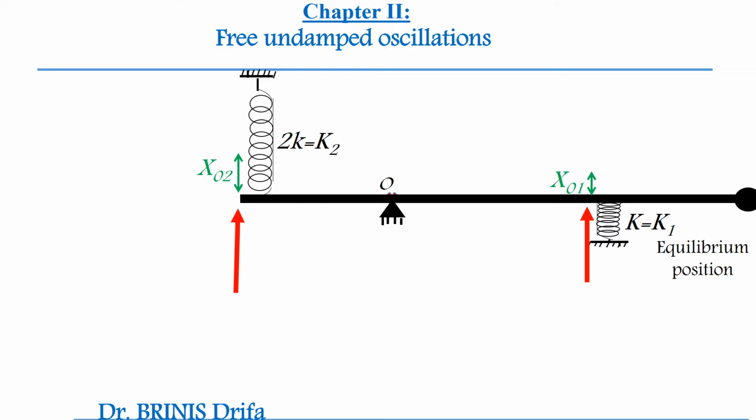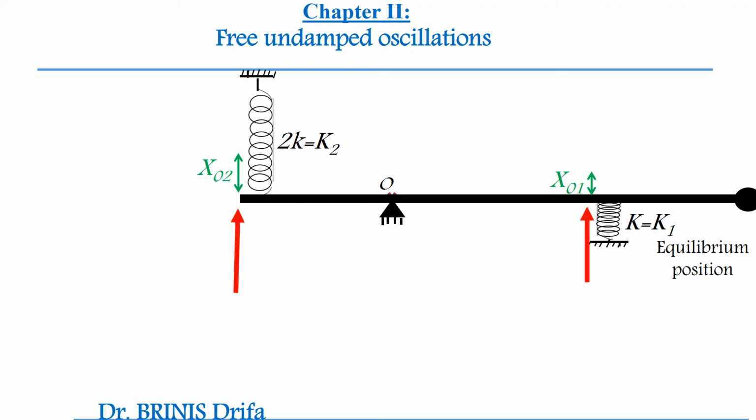I would like to say that K1 is compressed and the other is stretched. I mean, don't care about the sign of x01 and x02. You can take them directly positive, because there are other scenarios, and what is important here is the relationship between x01 and x02.